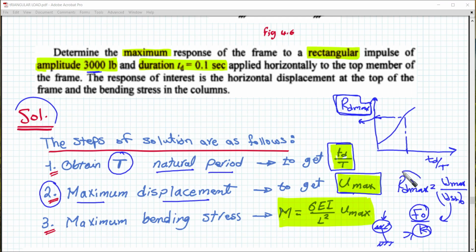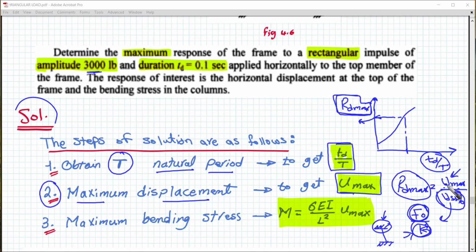So if we got Rd maximum from the graph using Td over T, and we know U static node, which is obtained from the maximum magnitude of the force and the stiffness of the system, we can obtain U maximum easily. What is the meaning of U maximum? It is the maximum dynamic response displacement.